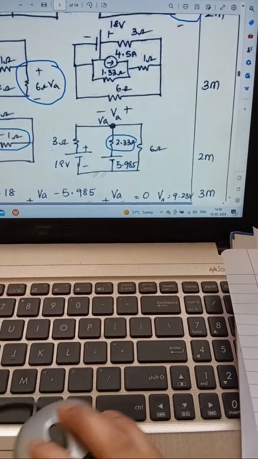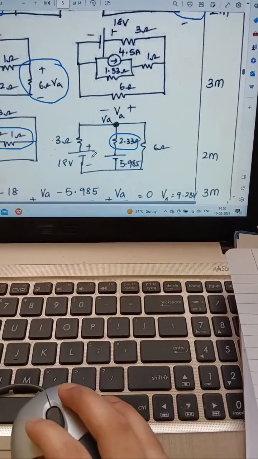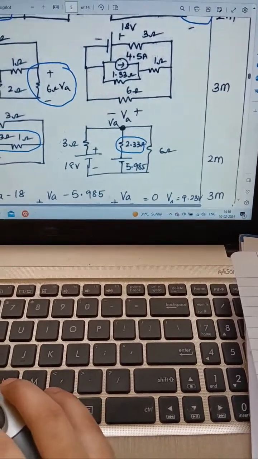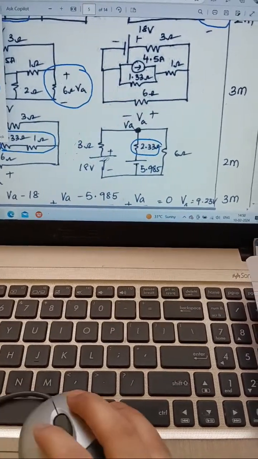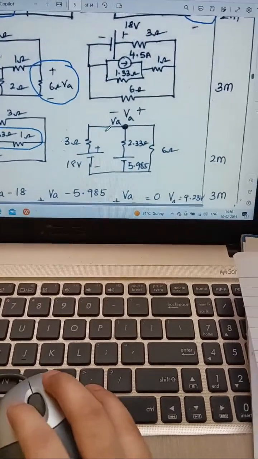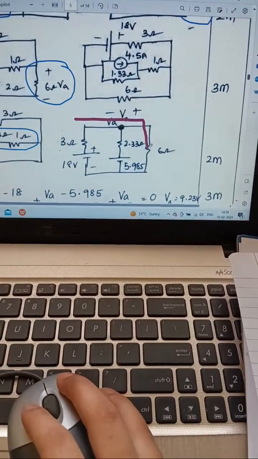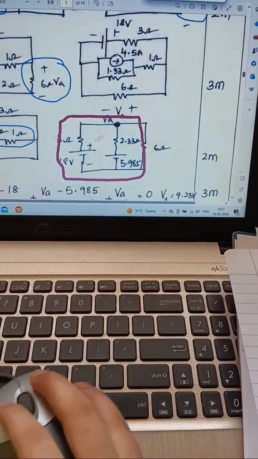If you write the circuit like this, you get this whole thing. I'll take another color. I'm sorry. So you can see that this whole thing constitutes practical voltage sources in parallel, right?